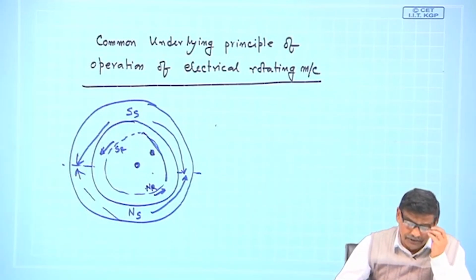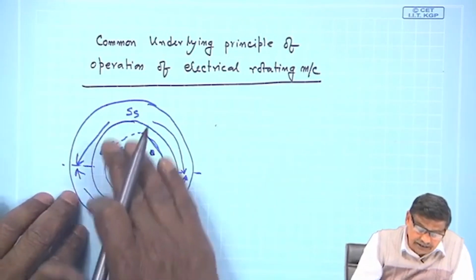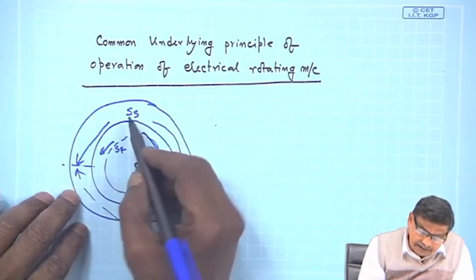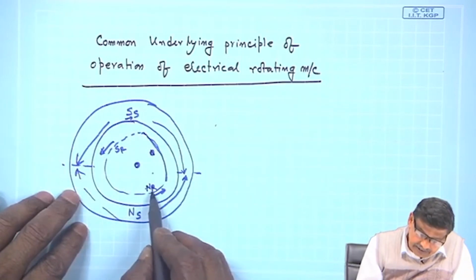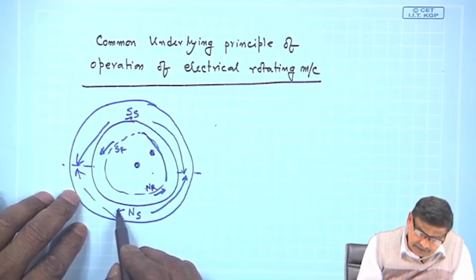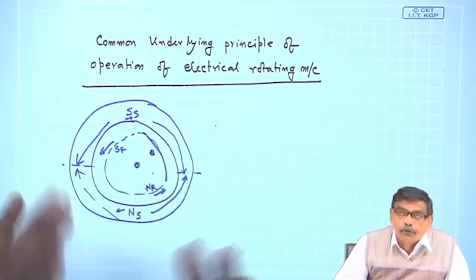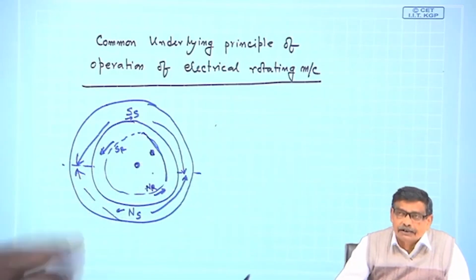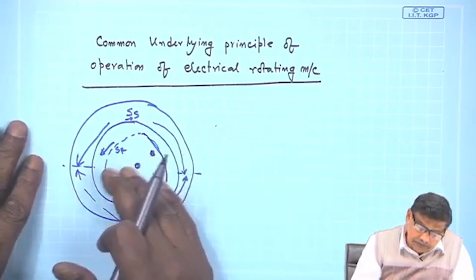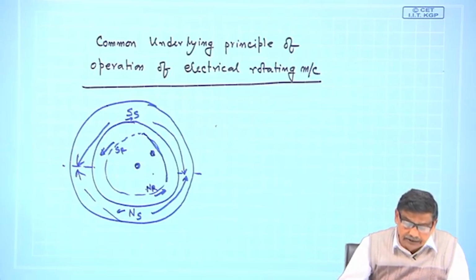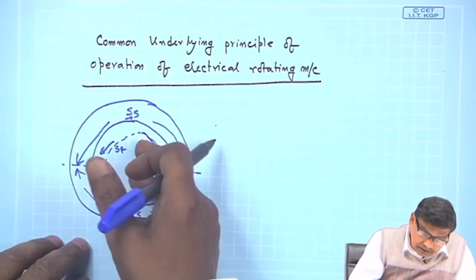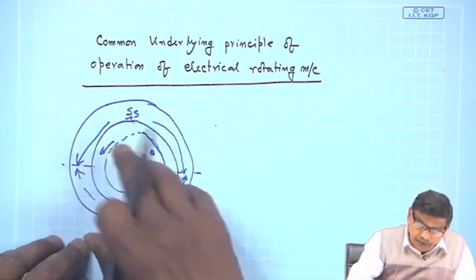One of course must not forget that the same torque is experienced by the stator, because SS experiences a force in this direction and NS also a repelling force in this direction, but rotor cannot move. I have put that boundary condition. So, the same torque will be experienced by stator poles as well as rotor poles, but stator cannot move, and it is rotor which will try to move.